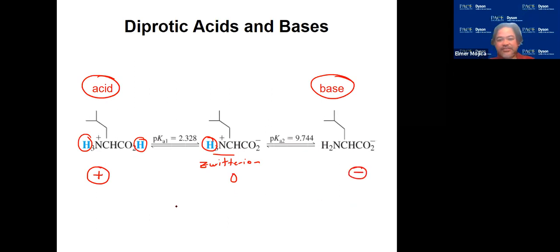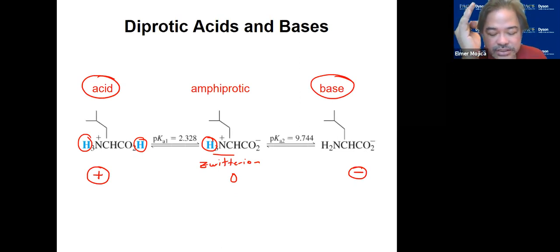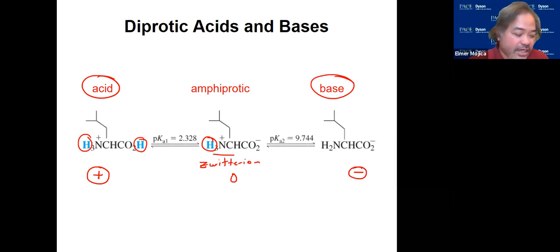This is true for the other diprotic acids and bases. If we're going to look at the reaction that is happening here, remember the amphiprotic that you learned from your Gen Chem: a substance that can act as an acid or a base, depending on what the other chemical is that it reacts with.